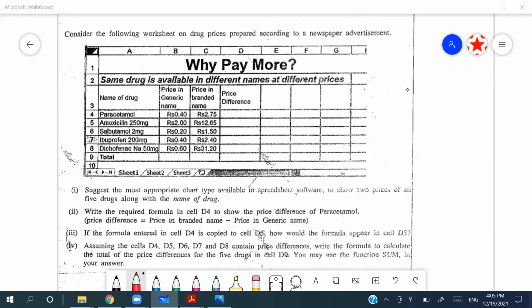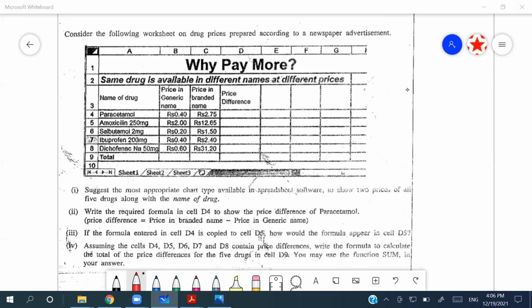They say the same drug is available in different names at different places. The name of the drug is given, the price in generic name, and the price in branded name are given, and the price difference is to be calculated in the D column, and the total, of course, is there, and if we want, we can have the total of the B column and C column.